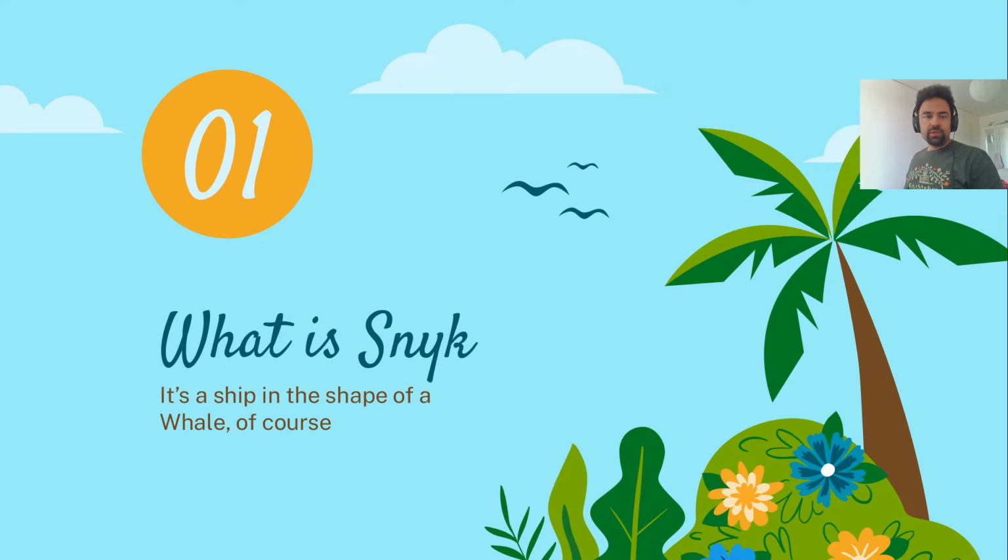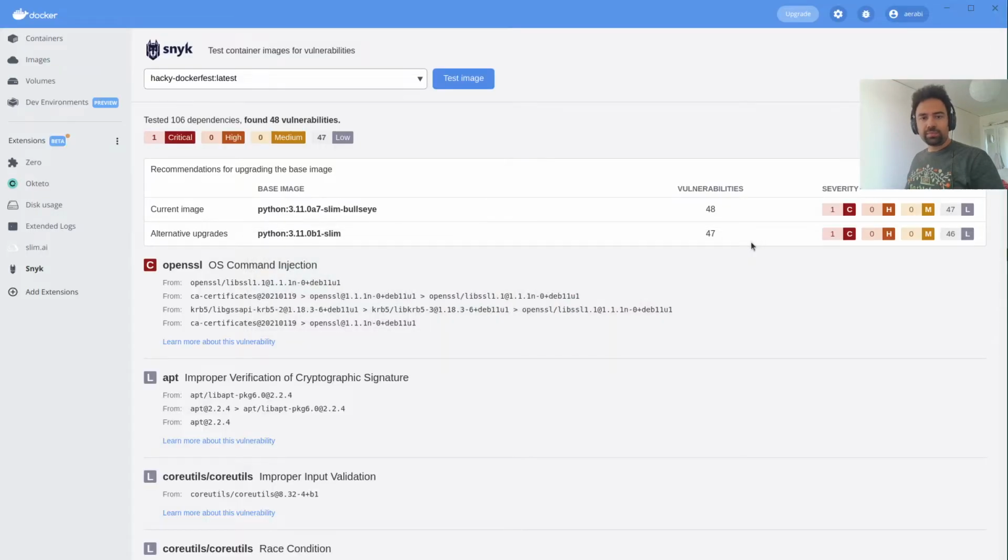So without further ado, what is Snyk? Snyk is a Docker Desktop extension in the sense of the Docker Desktop extensions, but Snyk itself is an engine to scan for security flaws and vulnerabilities. This is an example report that Snyk will give you after you scan an image.